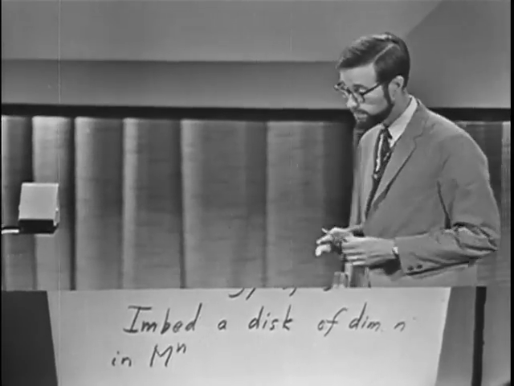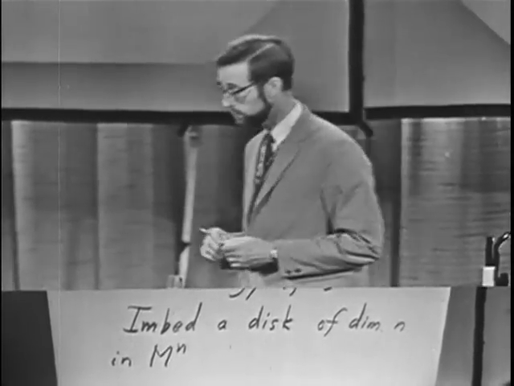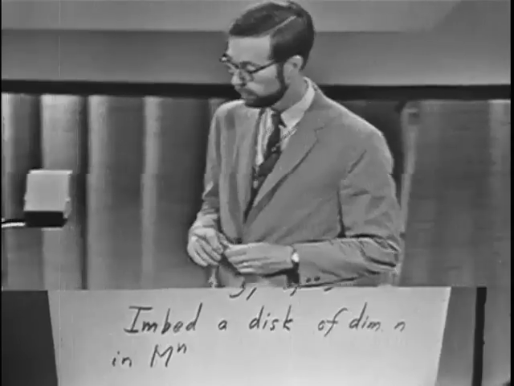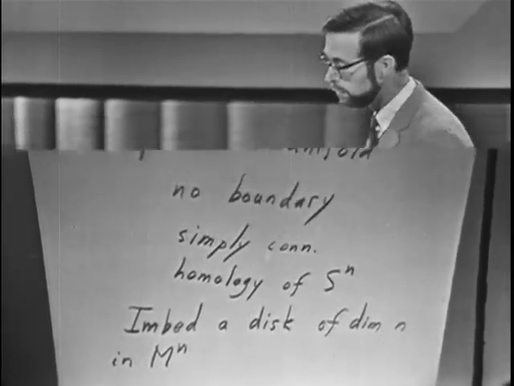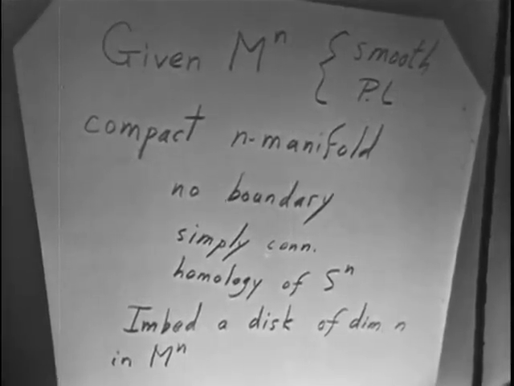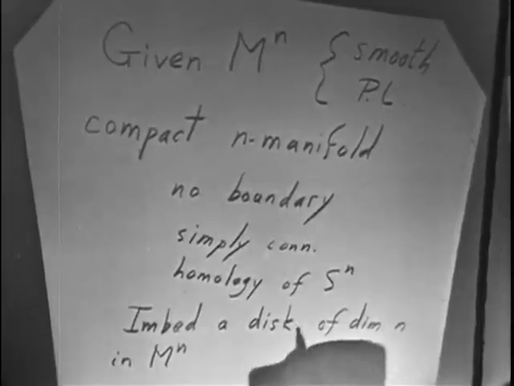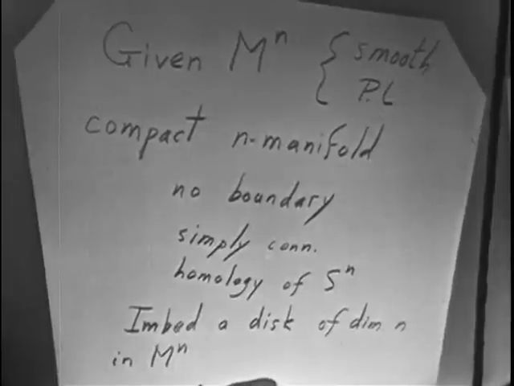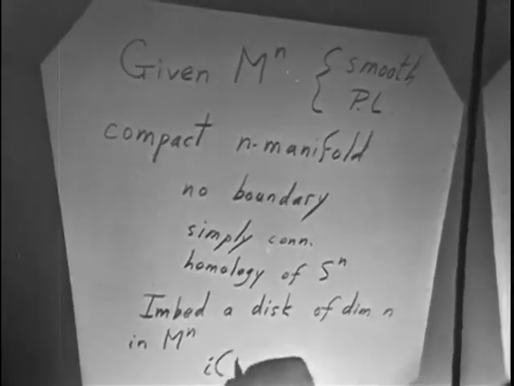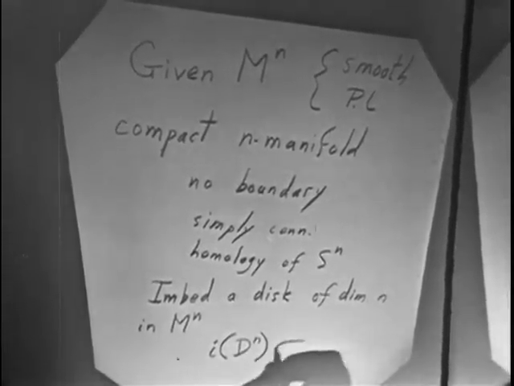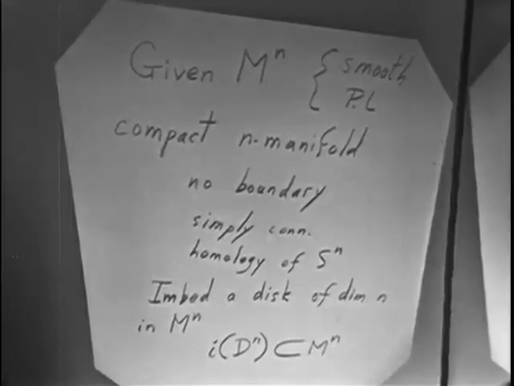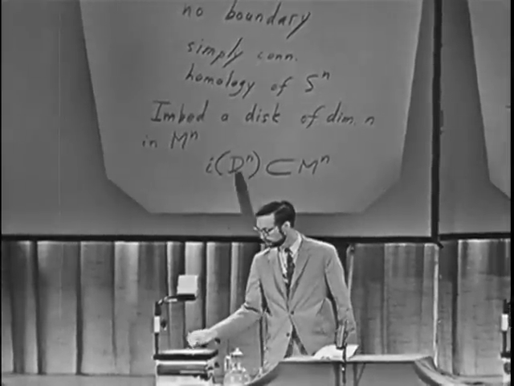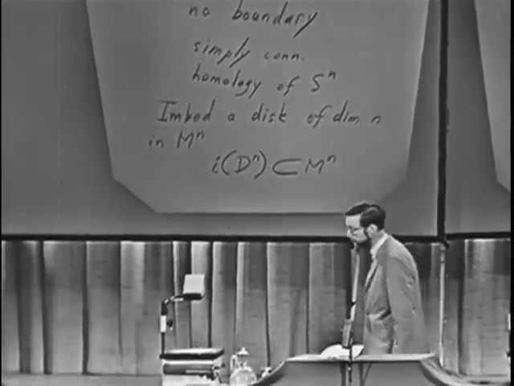I mean, choose a subset of M^n which is piecewise linearly homeomorphic to the disk in the piecewise linear case, or which is diffeomorphic to the disk in the differentiable case. And let me call this embedded disk, suppose we have, say, i as the embedding, so we'll have i of D^n embedded as a subset of M^n, where we can take this notation literally in the differentiable case. In the piecewise linear case, one should rather substitute a piecewise linear disk here, a piecewise linear embedding.